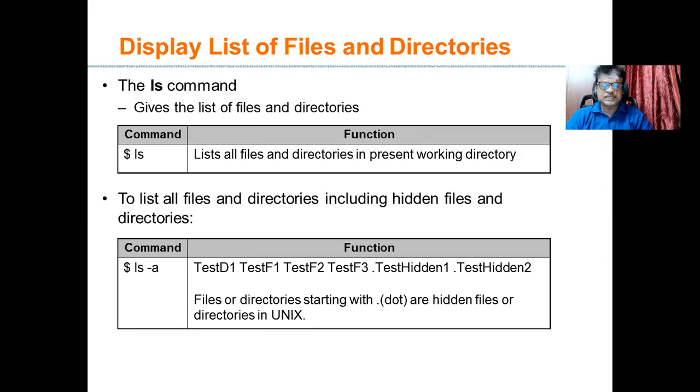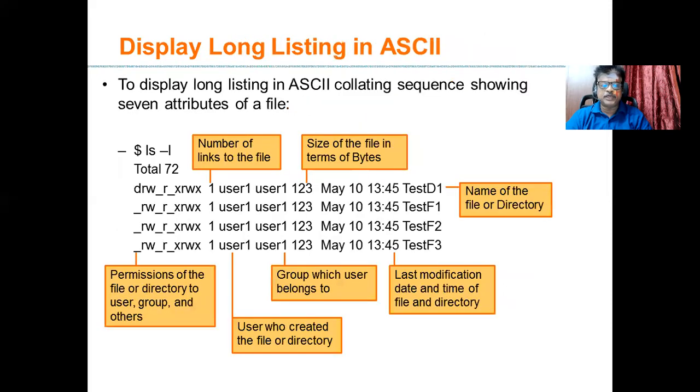ls is the list command. ls -a gives even the hidden things. For a long listing, if I say ls -l, it shows d or hyphen, then r w x, r w x, r w x. The first one, d, stands for directory.